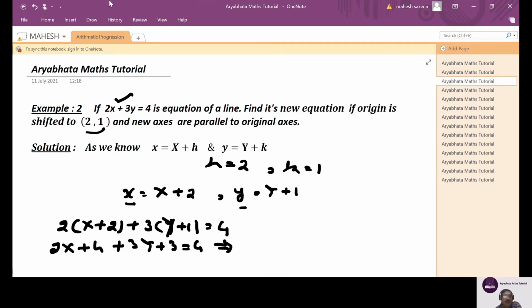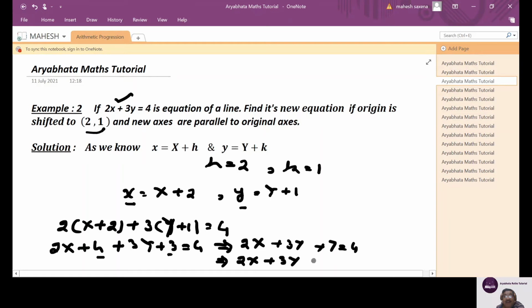This implies 2 capital X plus 3 capital Y plus 4 plus 3, which is 7, is equal to 4. This implies that 2 capital X plus 3 capital Y plus 3 is equal to 0 will be the new equation of this line after shifting the origin.